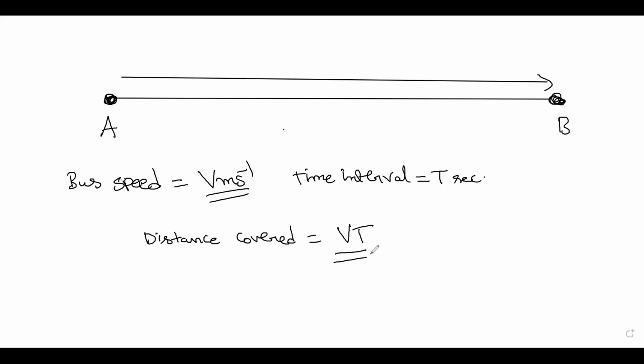Are you getting me? If you have any trouble, please let me know first. The bus is moving at V meter second inverse. Suppose one bus starts at, let us say, 1 o'clock.